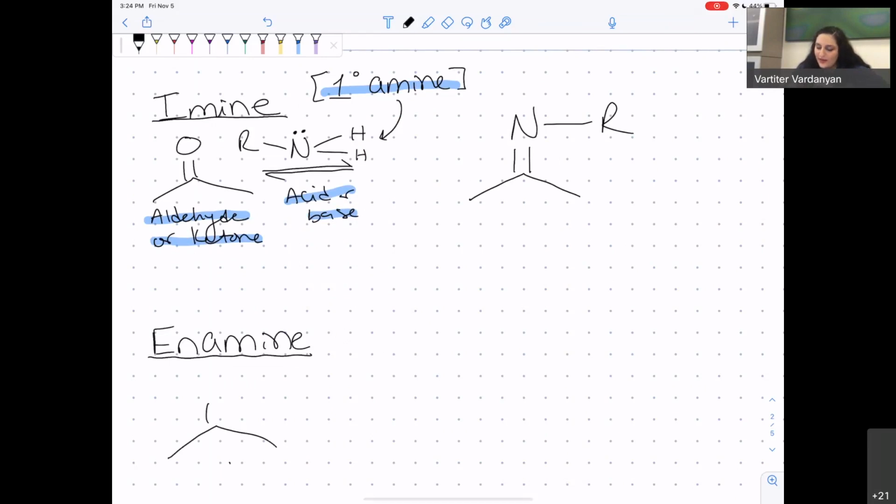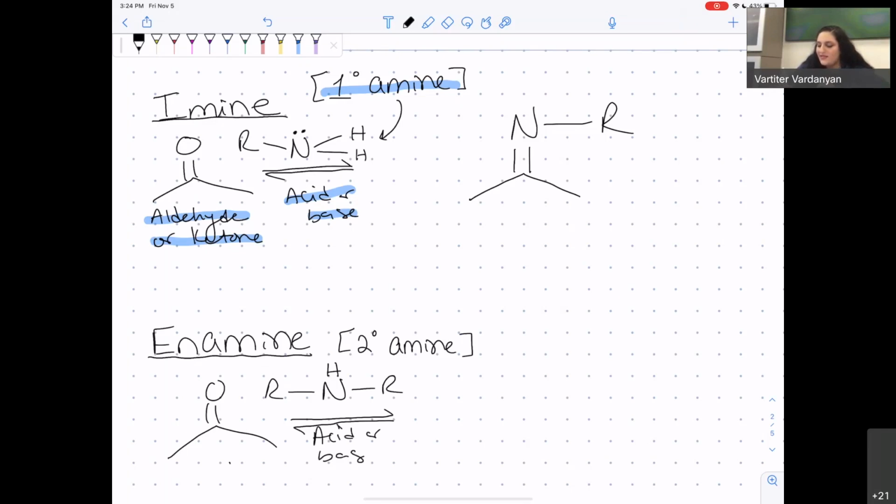We're going to have an aldehyde or ketone, and this time we're reacting it with, gasp, a secondary amine. You guessed it. This is when there are 2 R groups instead of 1. And again, we can use acid or base, and we can use a ketone or aldehyde.